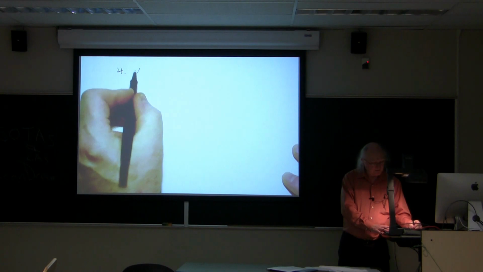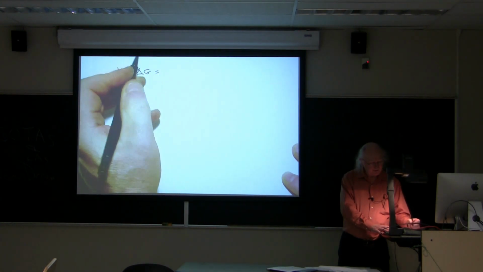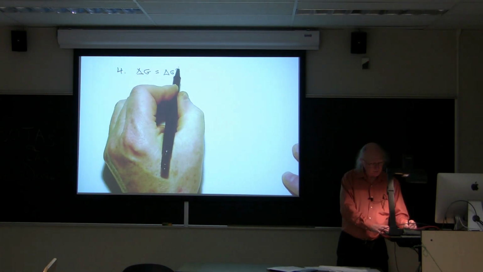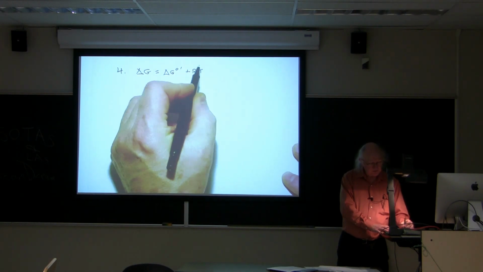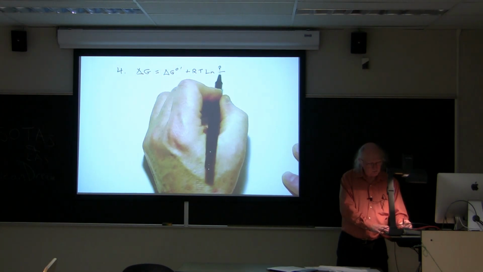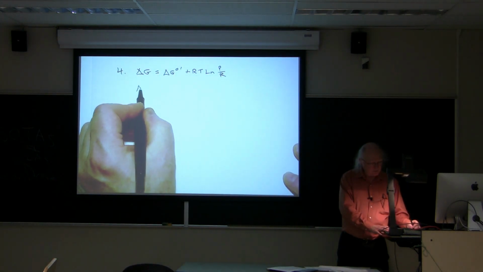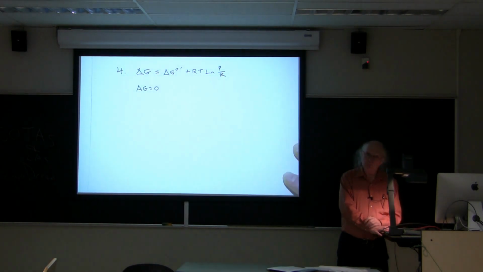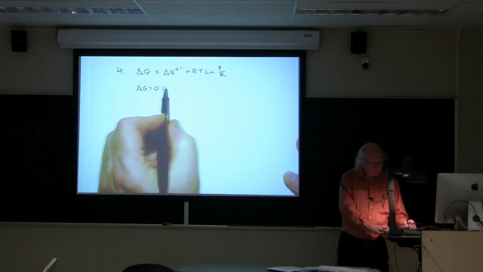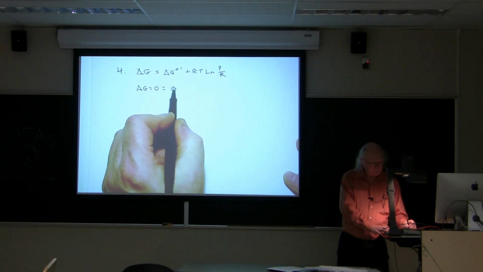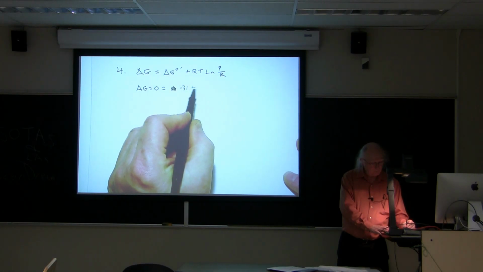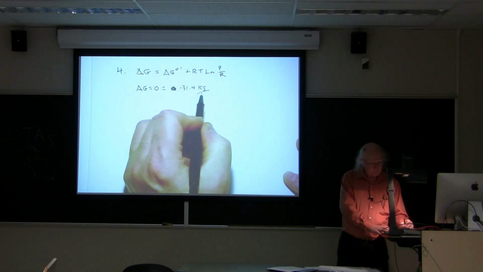First, we remember that the delta G equation says that delta G is equal to delta G 0 prime plus RT times the natural log of products over reactants. We remember that delta G at equilibrium is equal to 0. And we also remember that the delta G 0 prime is equal to minus 31.4 kilojoules per mole.